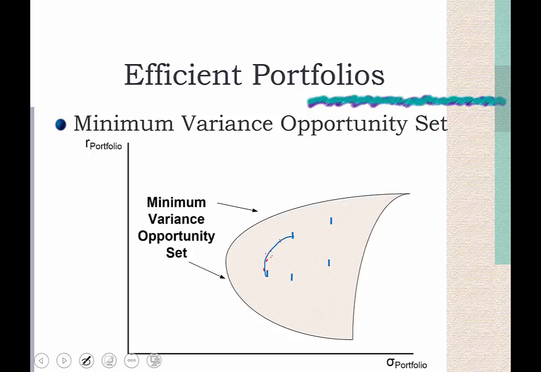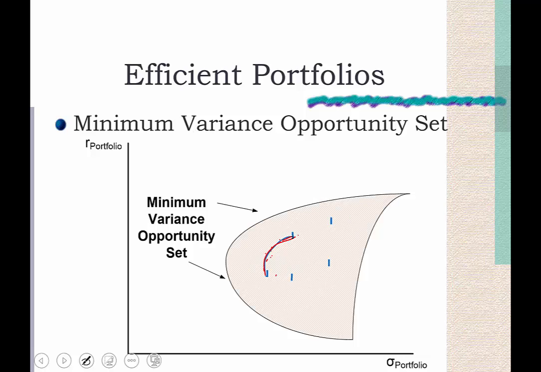If we combine them in those different ways, what's changing here is the weight. So the difference between that one and that one is the weight of this asset and this asset in the portfolio. So the 2 different portfolio weights are what give you a different point on that line.